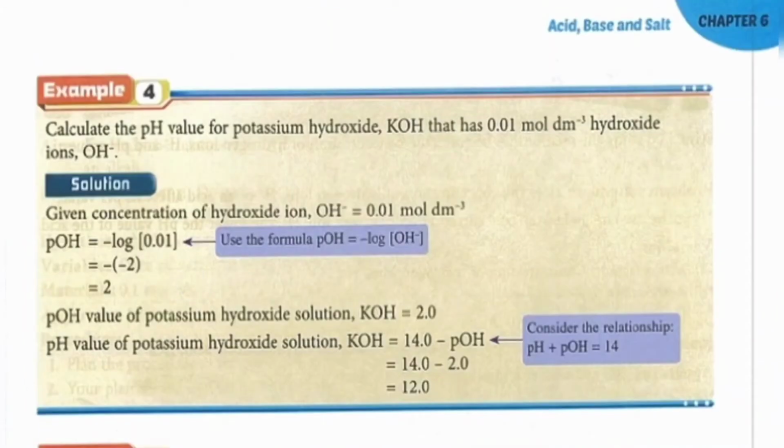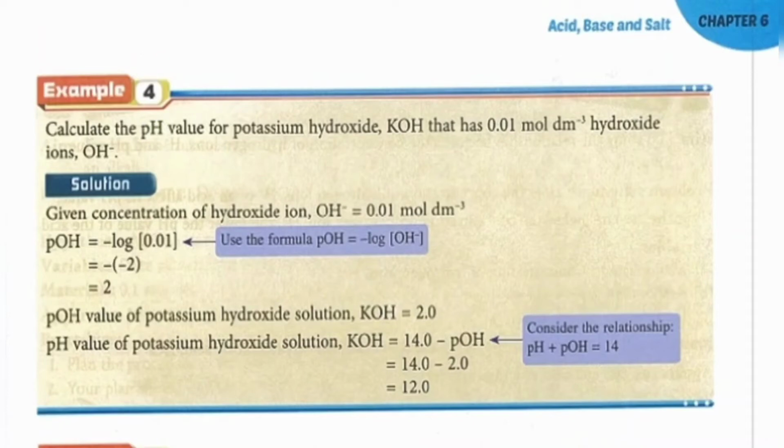Example number 4. Calculate the pH value for potassium hydroxide that has 0.01 molar hydroxide ion. So here the concentrations of hydroxide ion is given 0.01, but we want to find the pH value. We don't want to find the pOH, but we want to find the pH.